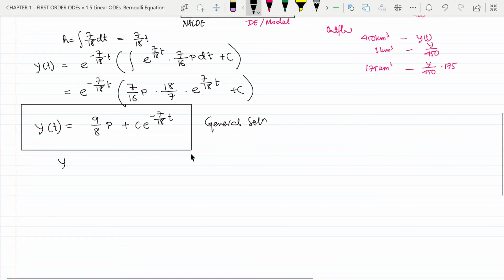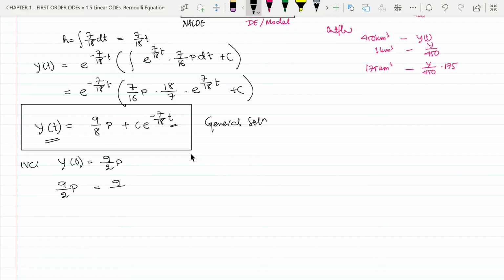So we put 9 by 2p in here and t equal to 0 in here, and we can write 9 by 2p equal to 9 by 8p plus c, which implies c equal to 9 by 2p minus 9 by 8p, which is equal to 27 by 8p. So we have got c.